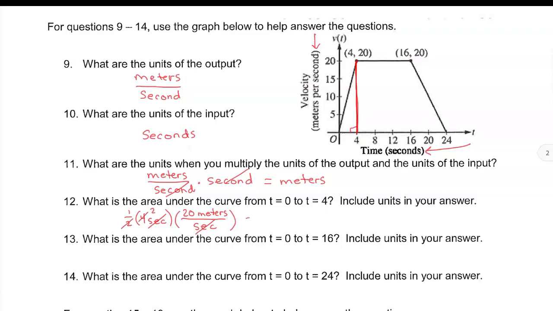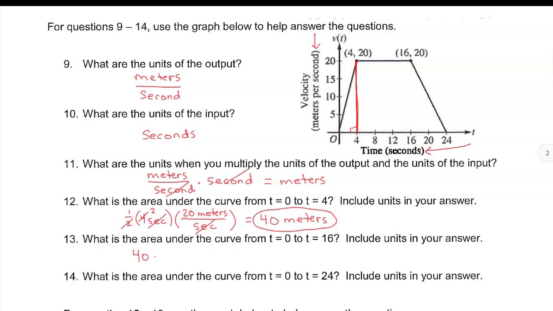So I will get 40 from multiplying, and the units will be meters. So that means between time t equals 0 to t equals 4, the object has traveled 40 meters. Number 13, I need to find the area under the curve from t equals 0 to t equals 16. And I already have a number from 0 to 4.